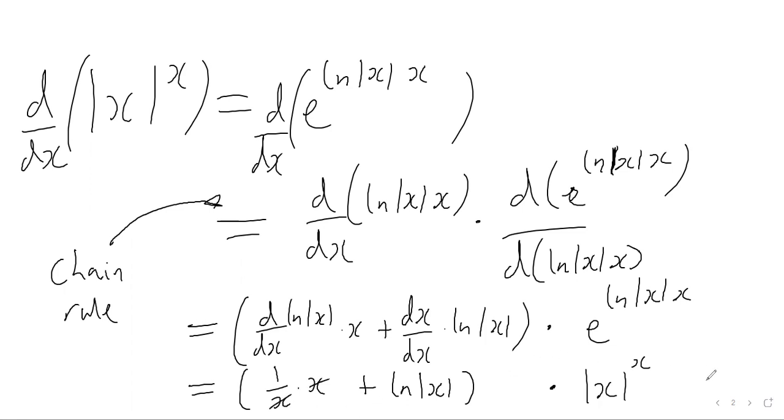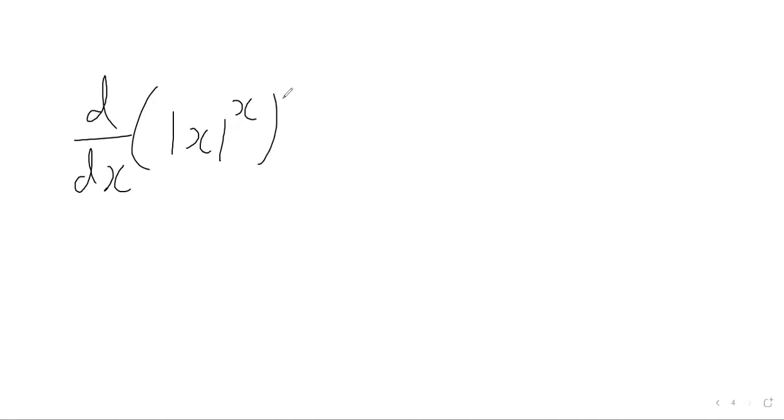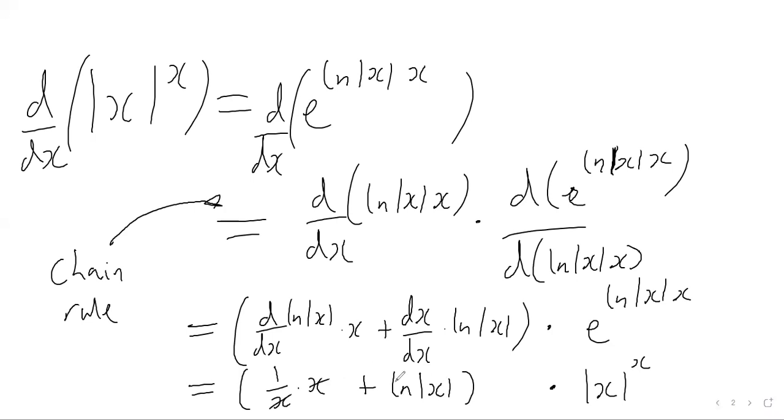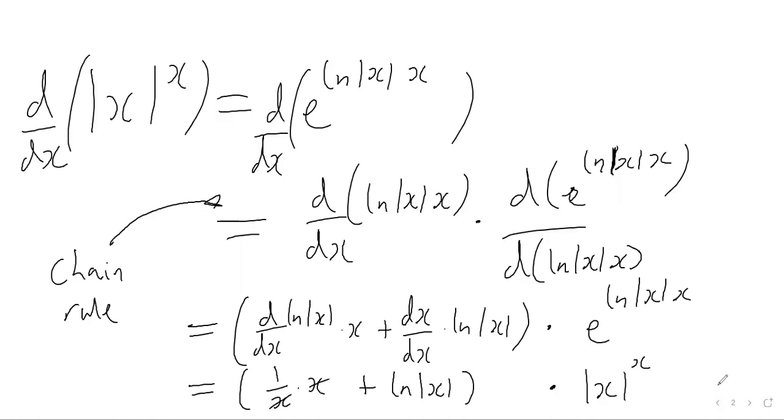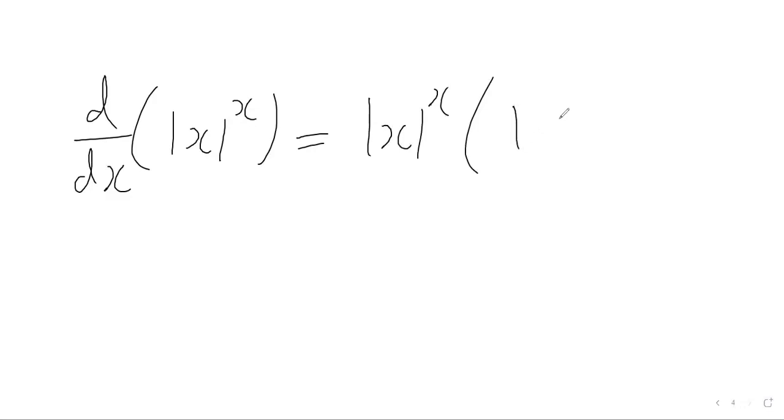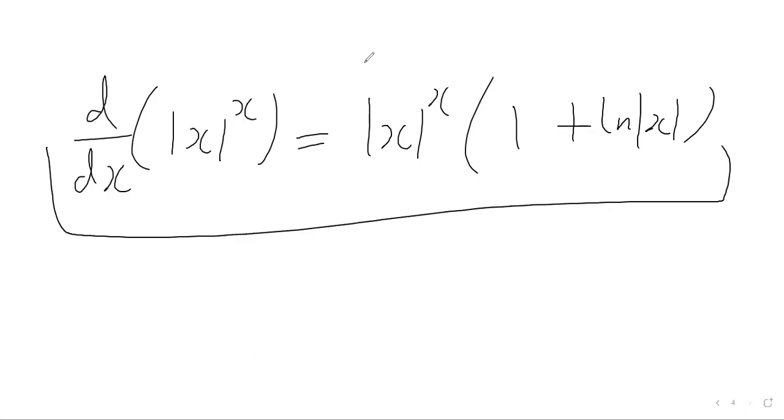And so what we can conclude from that is that when you differentiate the modulus of x to the power of x with respect to x, you should get the result down here: the modulus of x to the power of x multiplied by 1 plus the natural logarithm of the modulus of x, like so. And that is the final result for today's video.